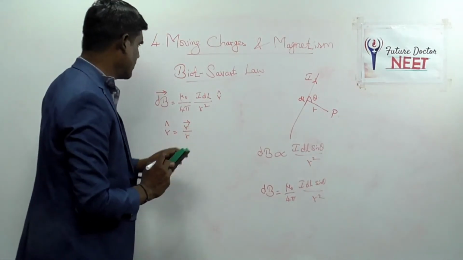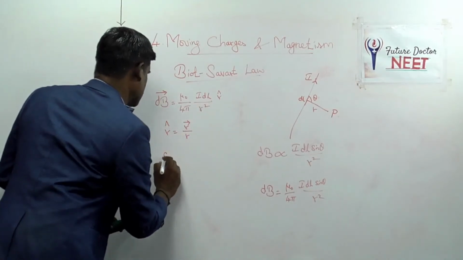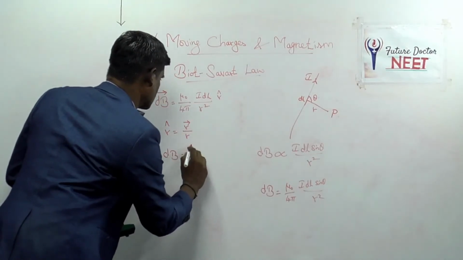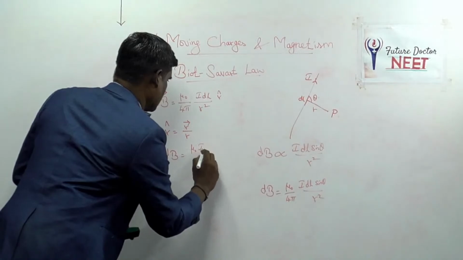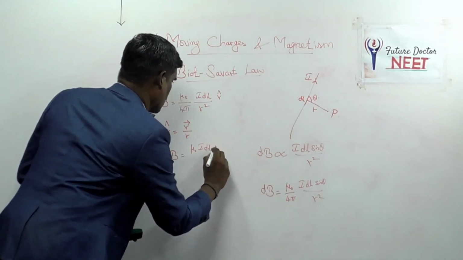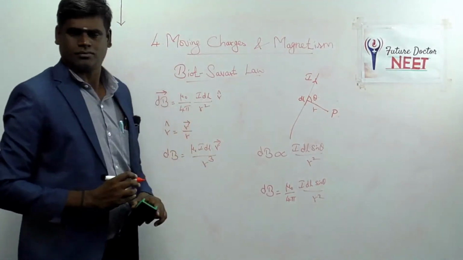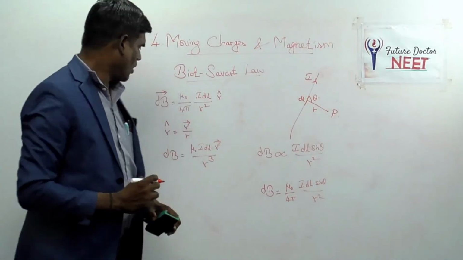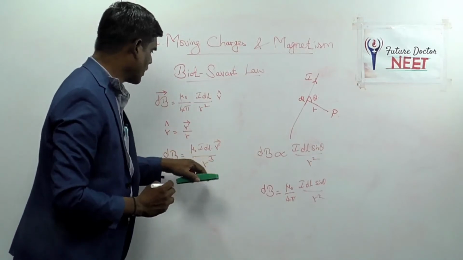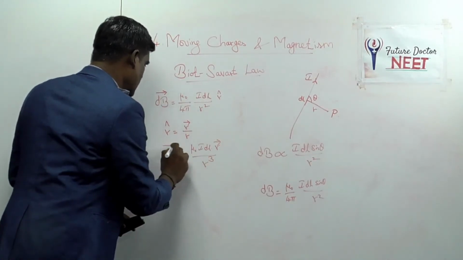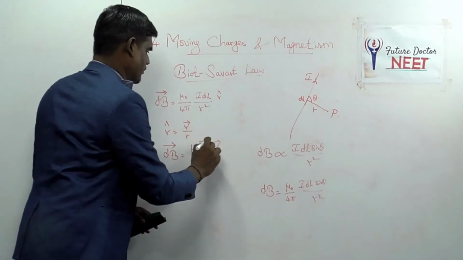What does this arrow mark represent? Vector. If you substitute this here, dB equals mu naught I dl cross r vector divided by r cube. So dB equals mu naught I dl cross r by r cube. This is in vectorial notation.